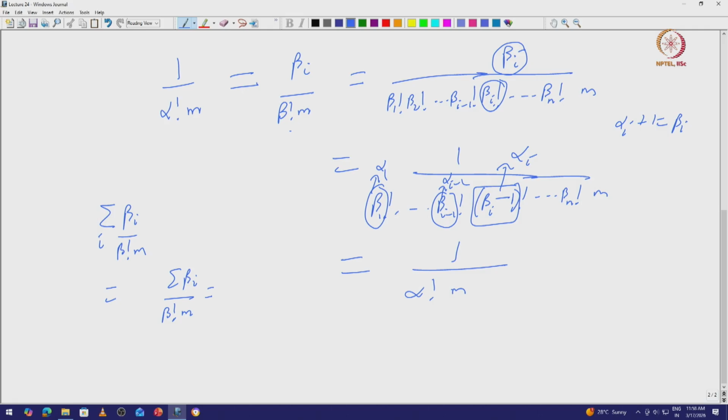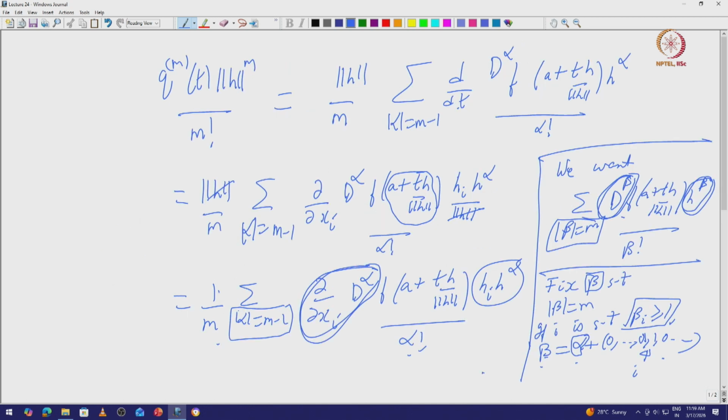And what is sum over beta i times beta factorial by m? It is simply 1 by beta factorial. Yeah? The sum of all such beta i's is indeed equal to m, right? Why is the sum of all such beta i's equal to m? Because the size of beta is m, right?